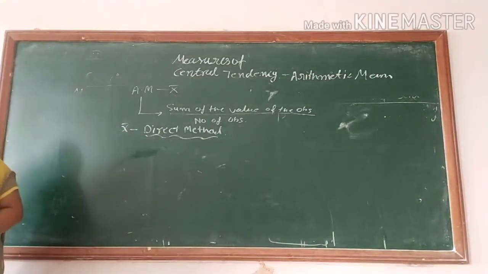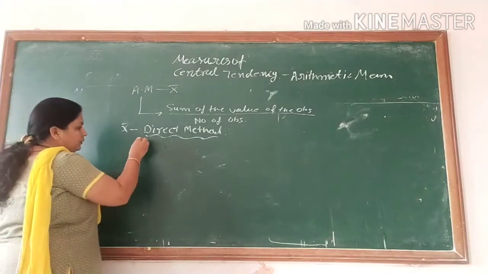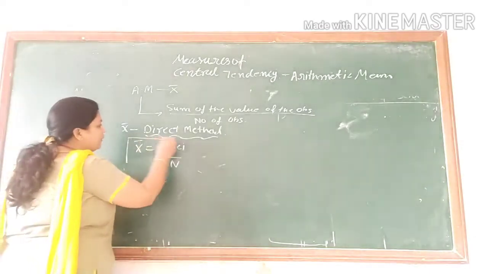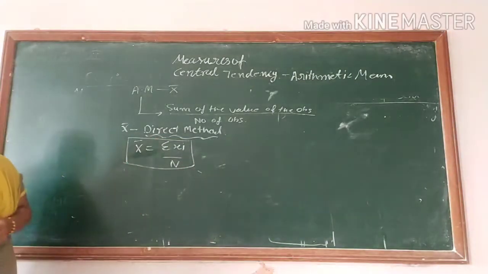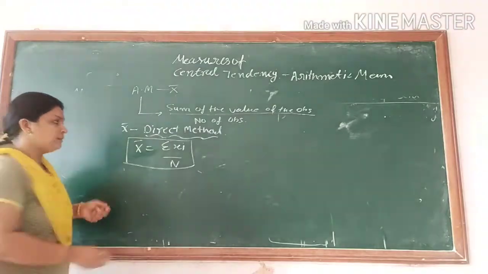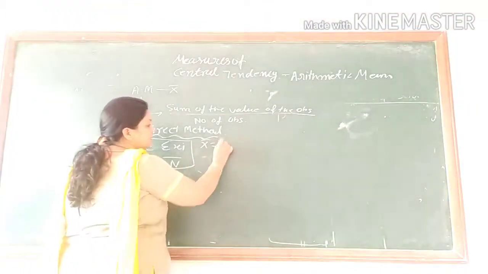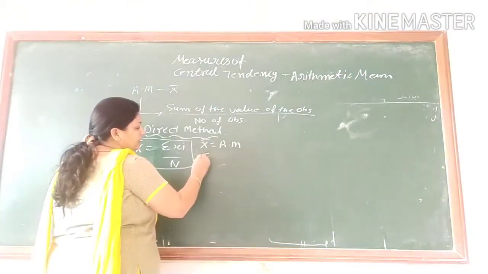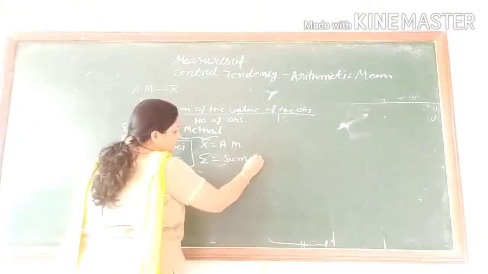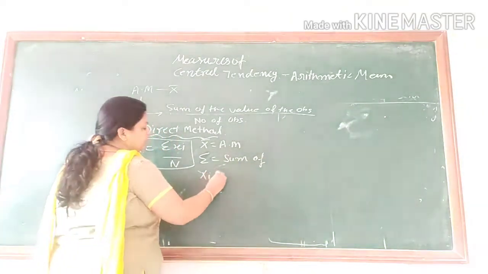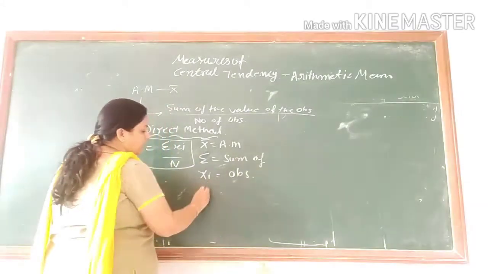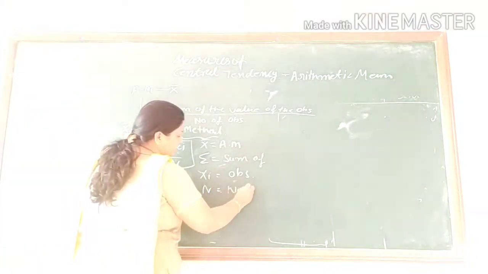First, explain the formula of the direct method. So X bar equal to sigma xi upon n. This is the formula of the direct method. Here X bar means arithmetic mean, sigma means sum of, xi means data observations, and n means number of observations.